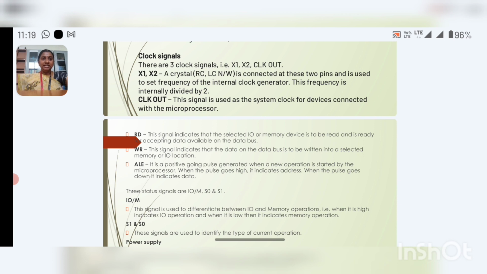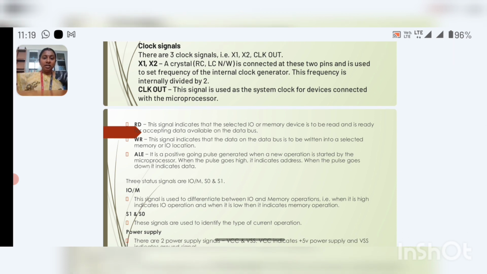On the clock signals, I have told in the first two pins itself, X1, X2 are clock inputs, where clock out is the third pin. X1 and X2 are used as the internal clock generator. Clock out is the signal which is used as the system clock for devices connected with the microprocessor.